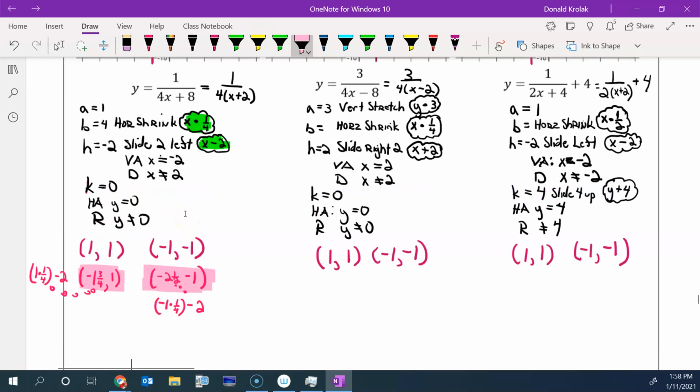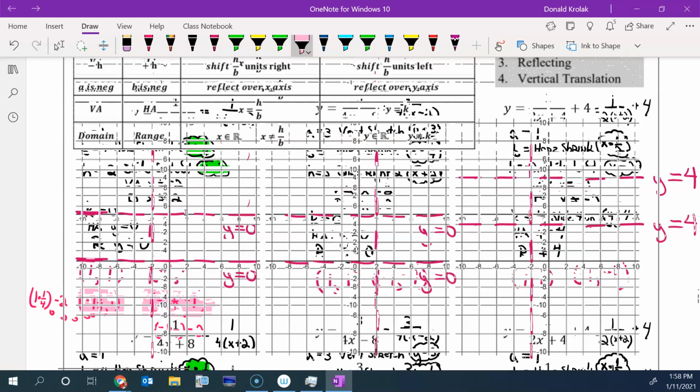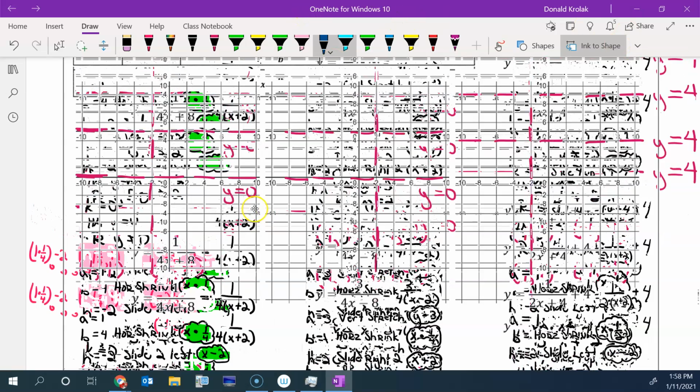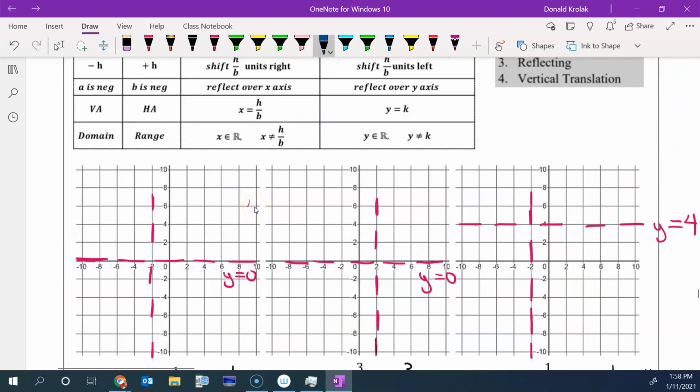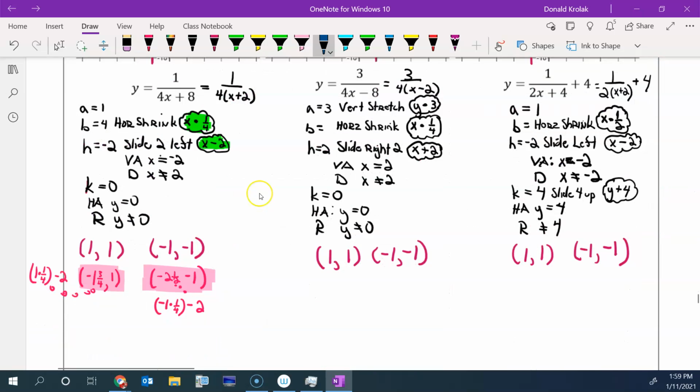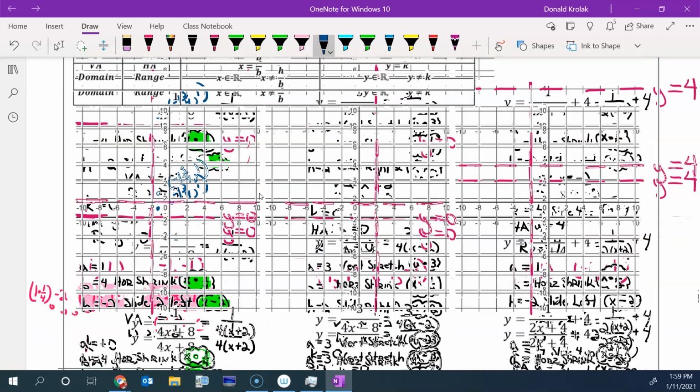-1 3/4, 1. Okay, so that guy's going to go -1 there, almost to 2, and then up 1. -2 1/4, -1.